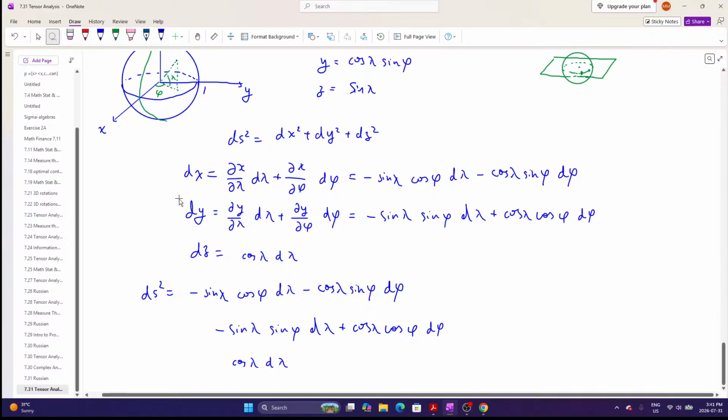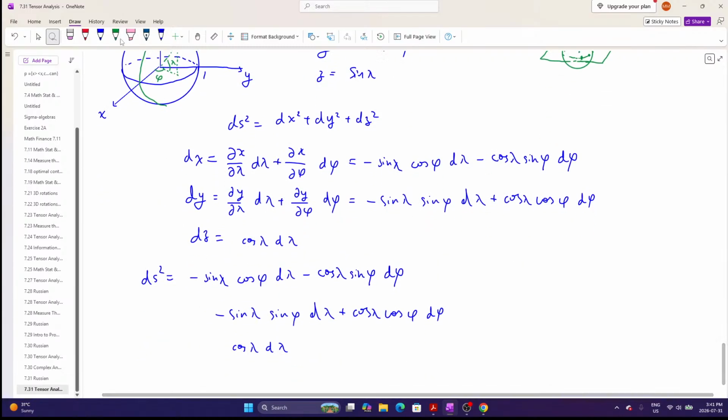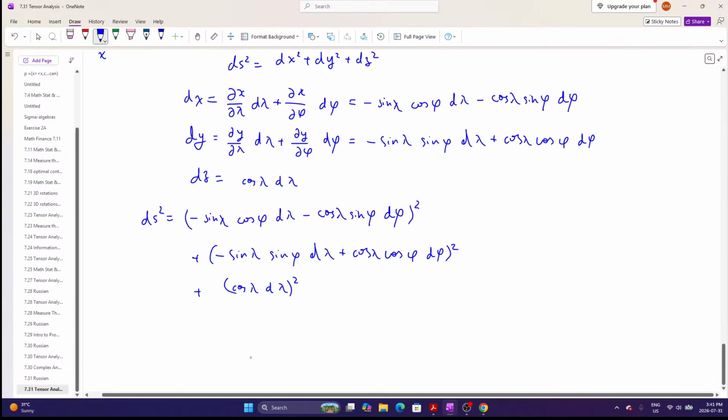And after that, you can treat the metric tensor as an intrinsic object. All right, so there we go. You've got the first term squared plus the second term squared, and then plus the third term squared. Just do the calculation carefully.